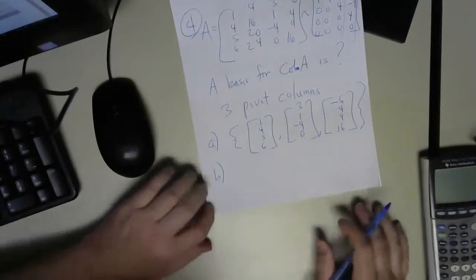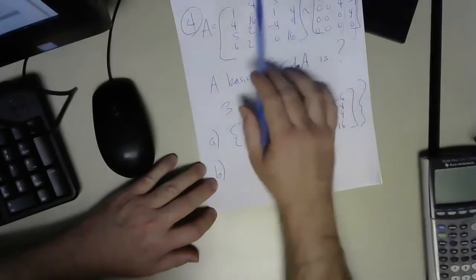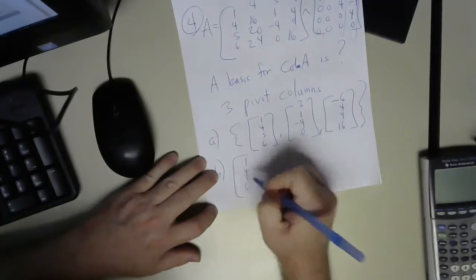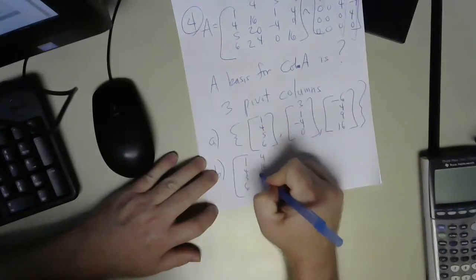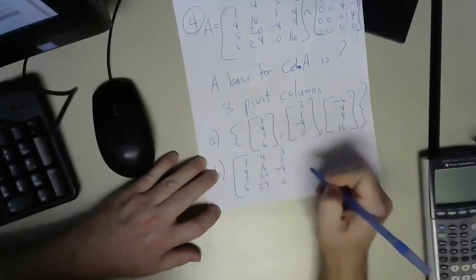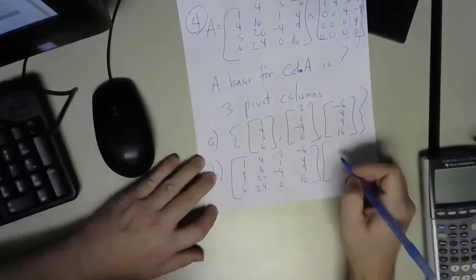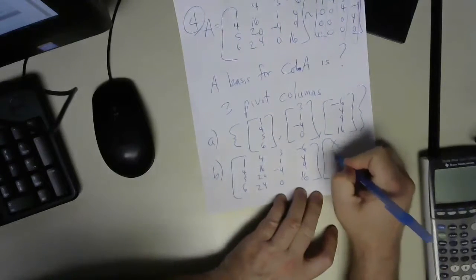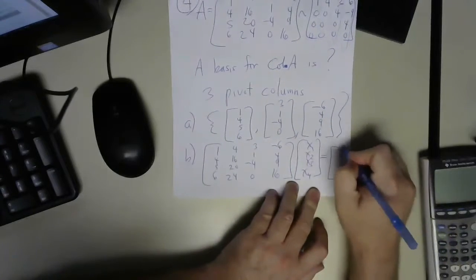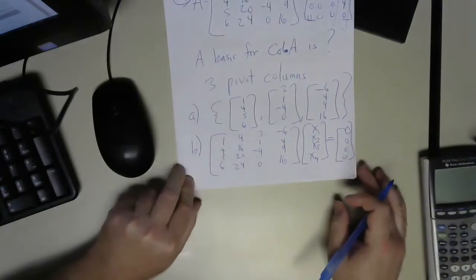So just remember, the null space of A is the set of all vectors that will map this thing into 0. So let's write down matrix A. So the set of all vectors x1, x2, x3, x4 that make this true, those vectors form the null space of A. Okay.